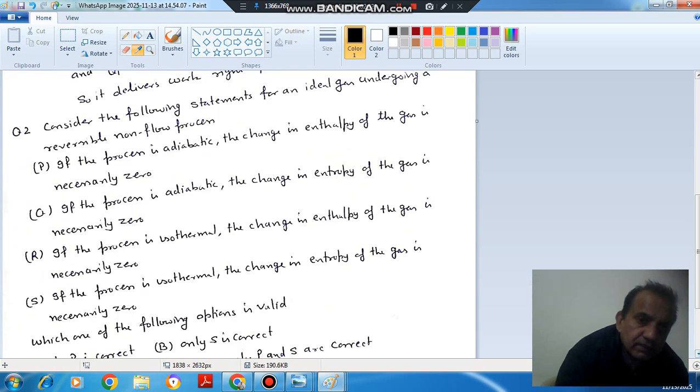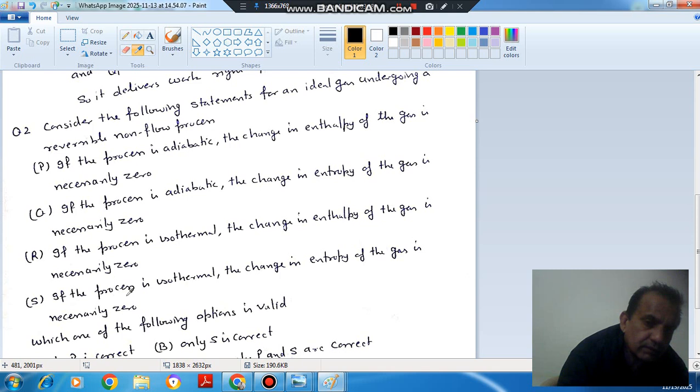Question number 2. Consider the following statements for an ideal gas undergoing a reversible non-flow process. P. If the process is adiabatic, the change in enthalpy of the gas is necessarily zero. Q. If the process is adiabatic, the change in entropy of the gas is necessarily zero. R. If the process is isothermal, the change in enthalpy of the gas is necessarily zero.